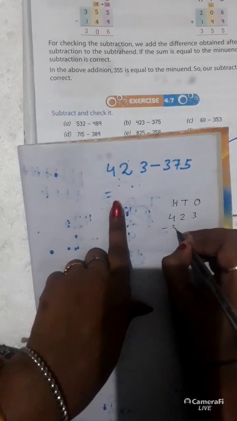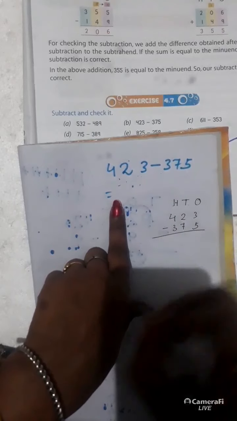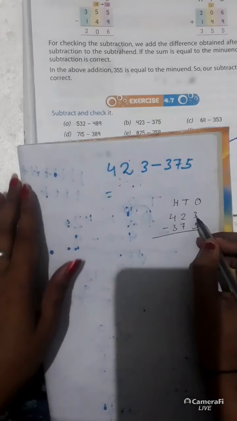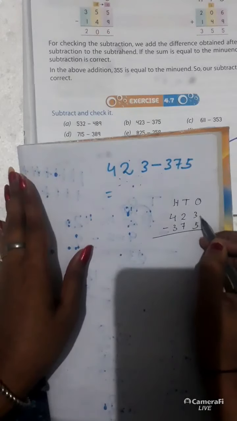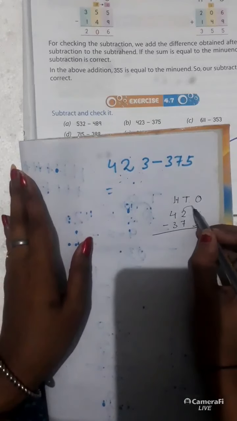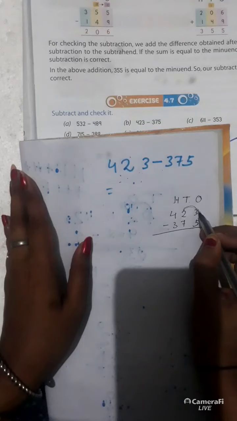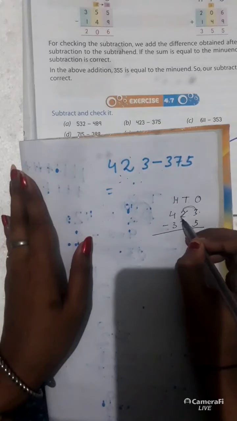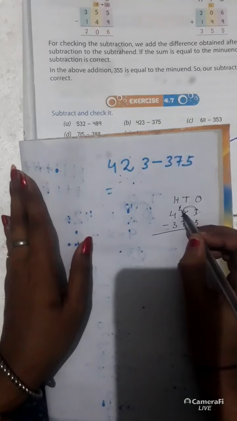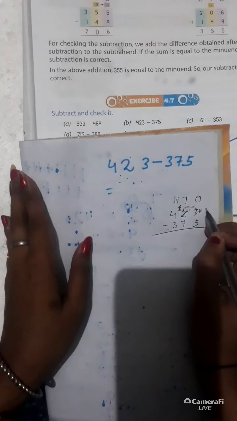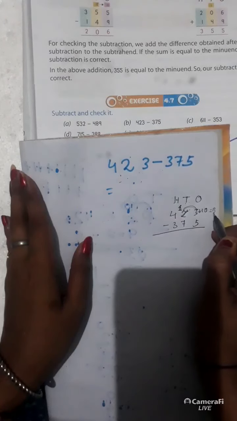423 minus 375. It is not possible to subtract 5 from 3, so I need to borrow 1 ten from here. You have to remember that as I have borrowed 1 ten from here, the 2 tens will be only 1, and here it will be plus 10, means 13 ones.